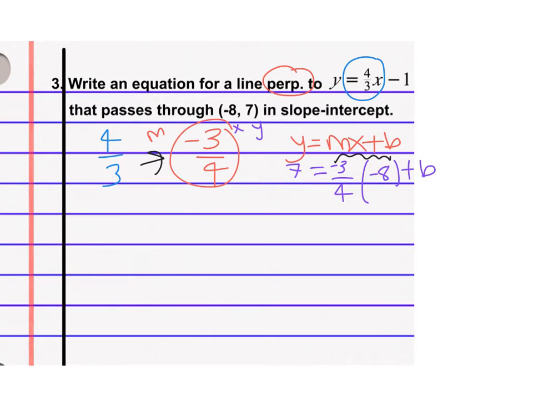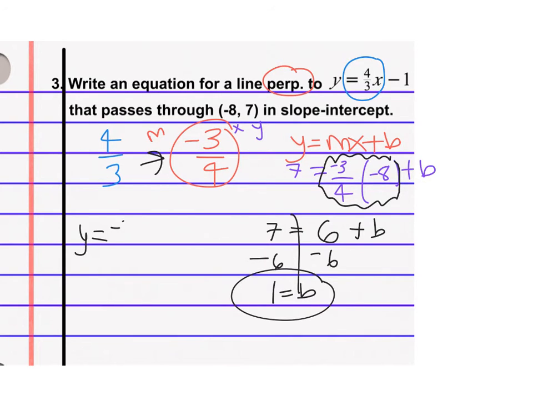Then you are multiplying right here, negative 3/4 times negative 8. Another problem I'm seeing on a lot of quizzes, negative times a negative. So negative 3/4 times negative 8 is positive 6. You subtract 6 to solve for b. 1 is your b. So here's another check for understanding. What is your full answer? You should be saying y equals negative 3/4 x plus 1.